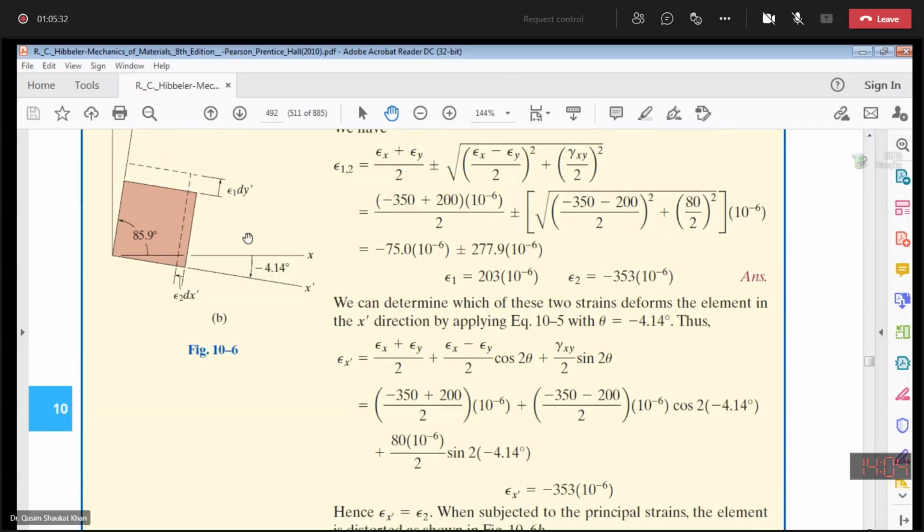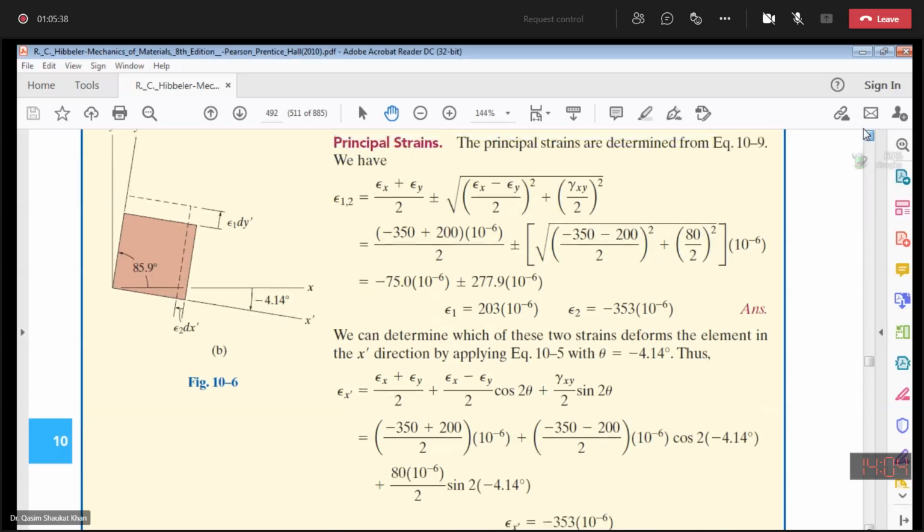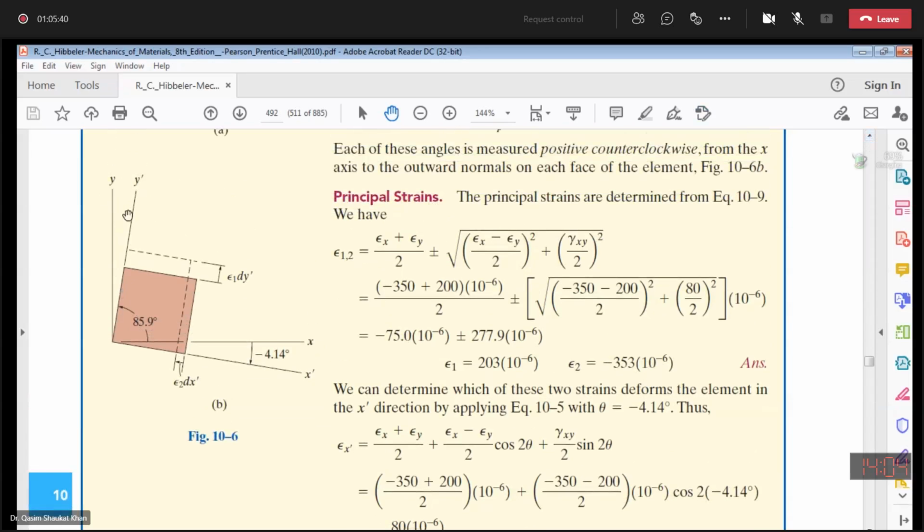Guys, you have to show these answers on the element as well. You can see this, they are showing it: minus 4.14 and 85.9. Over this you have the principal strain epsilon 1 and over it you have the principal strain epsilon 2.